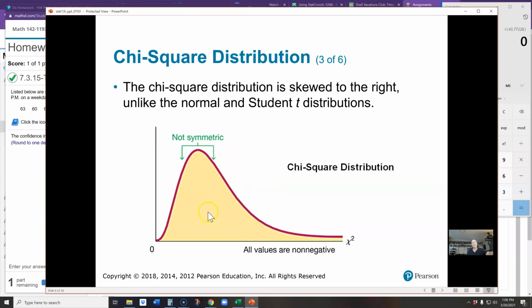Also notice that unlike the T and the Z distributions where the mean value was 0 for those normal curves, here the extreme value on the left is 0. All of the chi-squared values on the chi-squared distribution will be greater than 0. And then they head off to the right, get bigger and bigger and bigger.